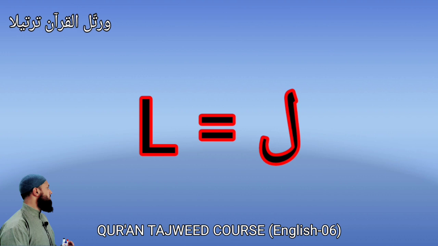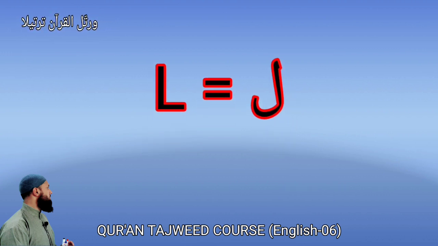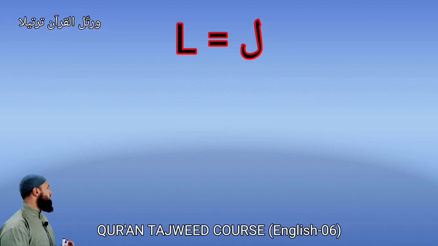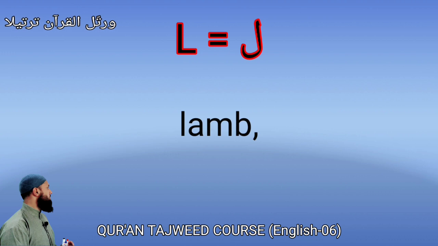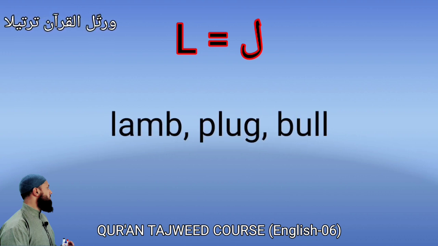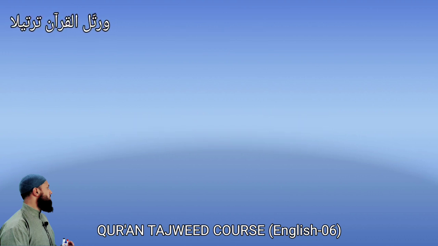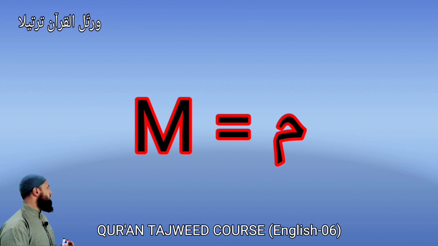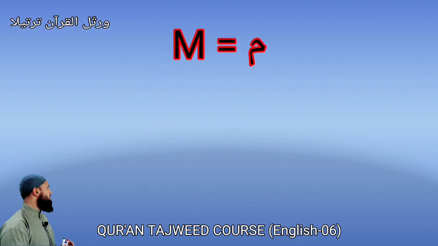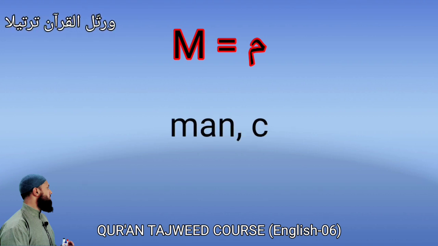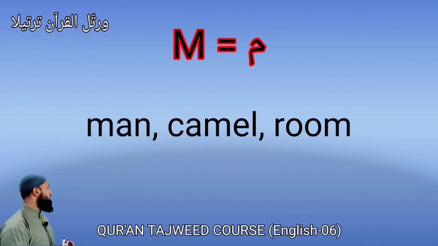Lam corresponds to the letter L in English, and it is articulated exactly the same way as the sound L in these English words: lamb, plug, bull. Meem corresponds to the letter M in English, and it is pronounced exactly the same way as the sound M in these English words: man, camel, room.